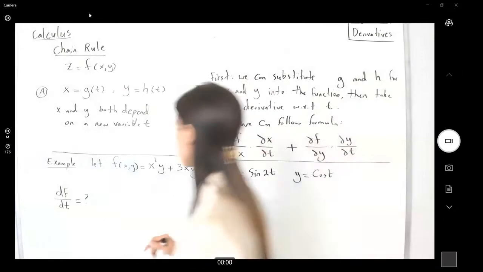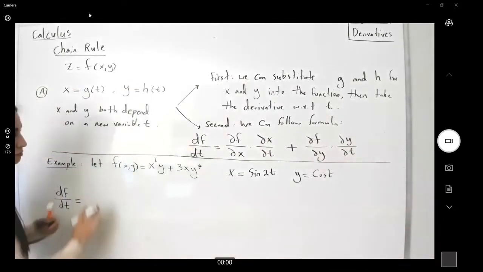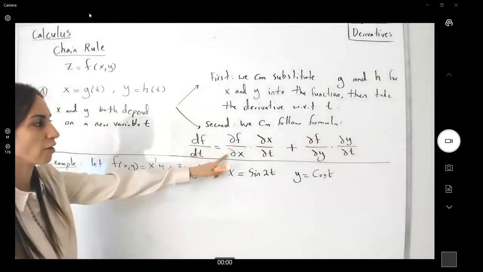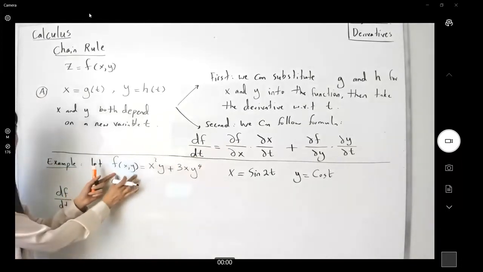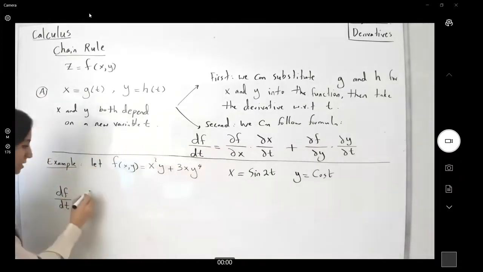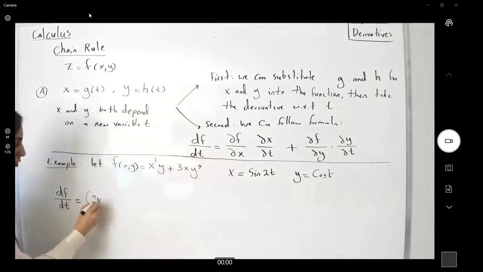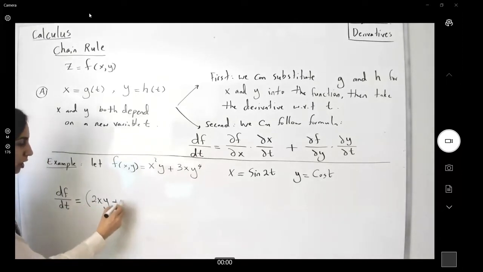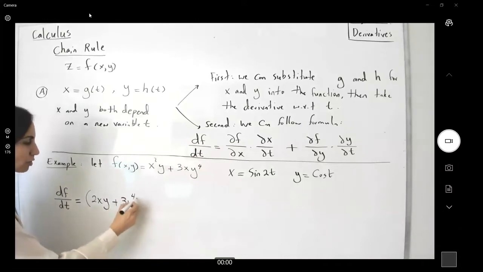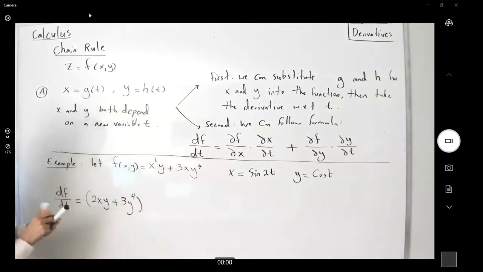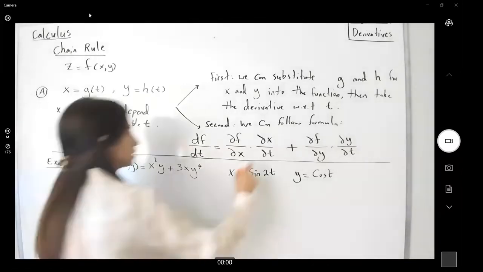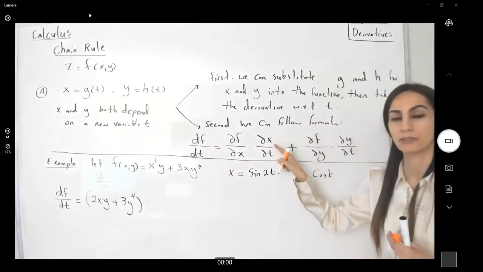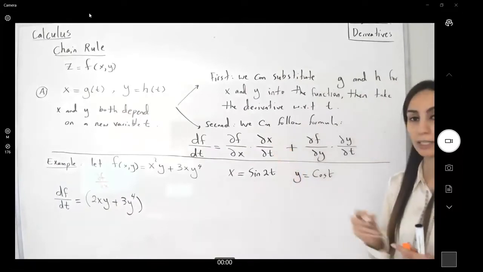The second method says we have to take the partial derivative of f with respect to x. The partial derivative of f with respect to x is 2xy plus 3y to the fourth. So this is the partial derivative of f with respect to x times the partial derivative of x with respect to t.